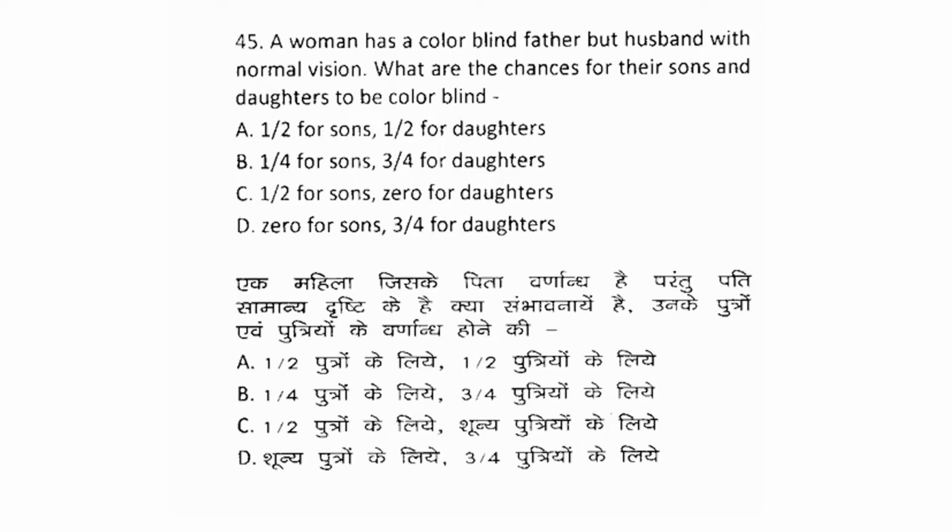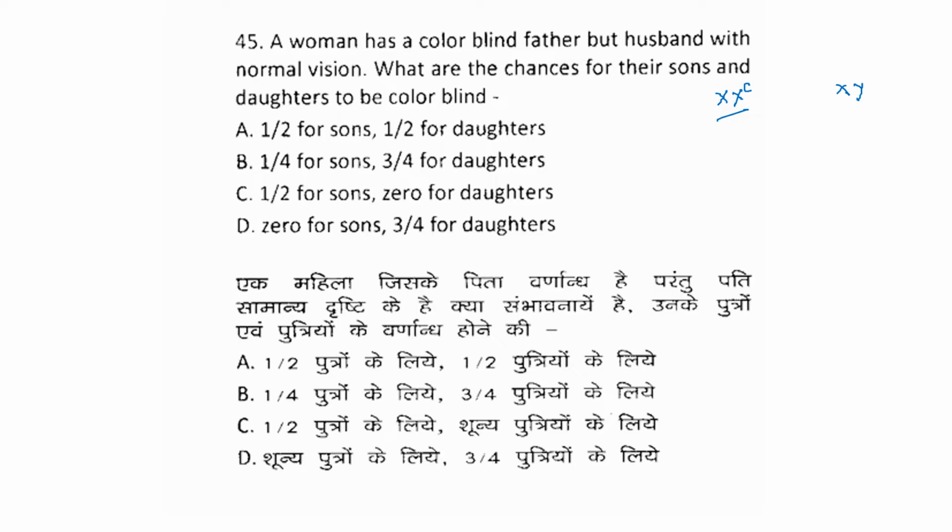A colorblind father, it means she is a carrier. She'll be normal because color blindness is a recessive genetic disorder. So she'll be a carrier, and the husband has normal vision. So the husband has the genotype XY. Now, what are the chances for the son and daughter to be colorblind?